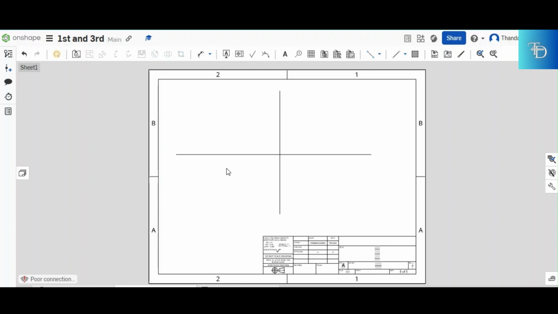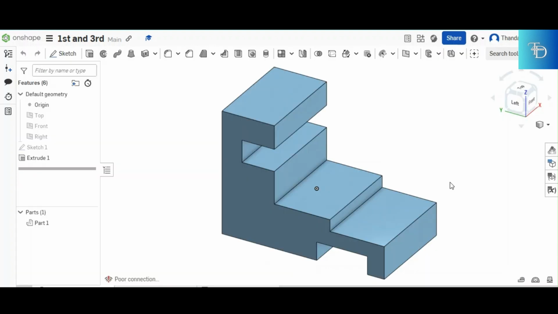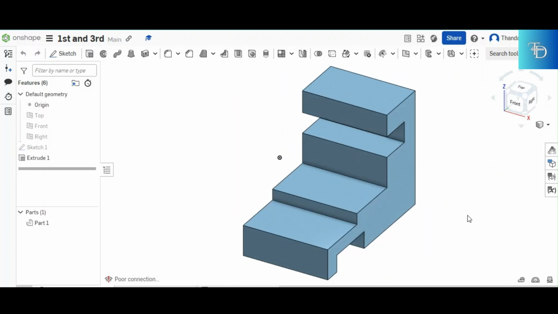So let's start by putting a front where it's gonna be, right there. So in the third angle, even the representation of the isometric view changes. This is the representation of the first angle orthographic projection of an isometric view. And then when it comes to the third angle, the isometric view for the third angle, this thing is gonna have to turn and look like this.